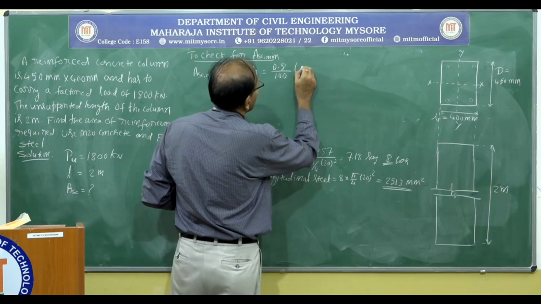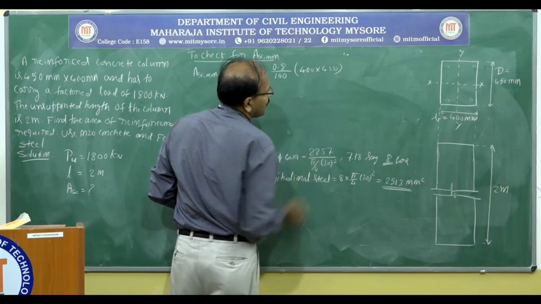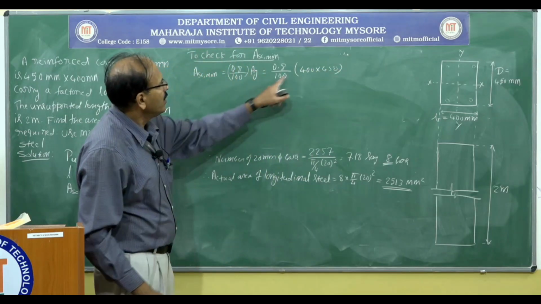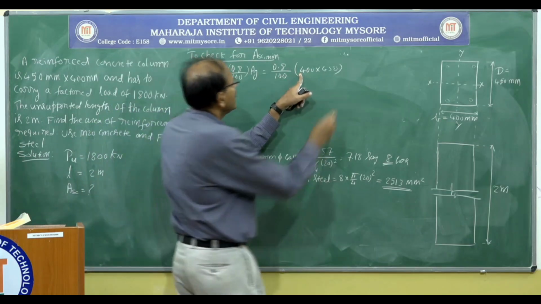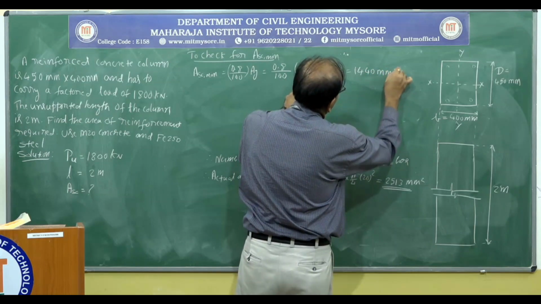AG is 400 multiplied by 450. Okay. So it is 1440 millimeter square.